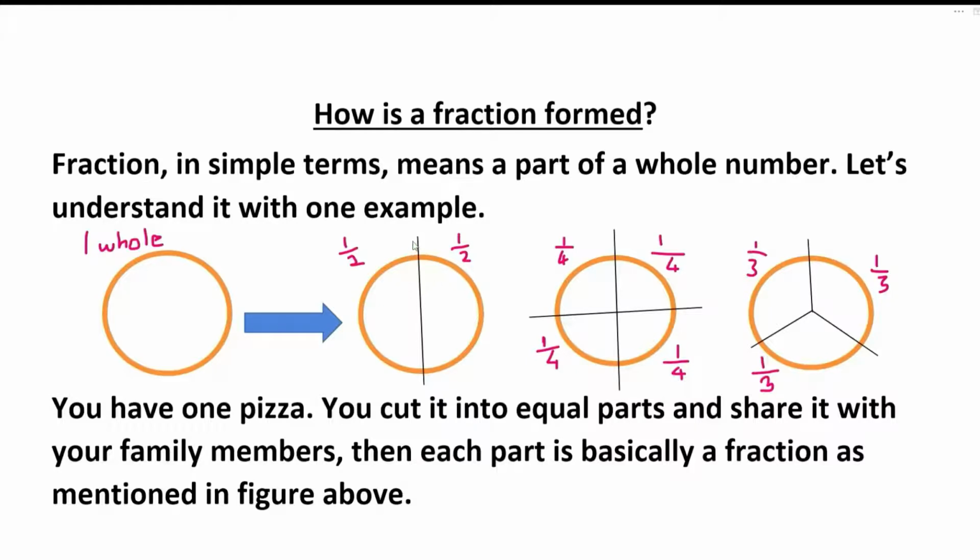So what do you do? You take a knife and divide the pizza into two equal parts. So how many parts are there? There are two parts. If I consider only this part, the left hand side of this cut, then this is one part out of two parts, isn't it? So that we express as 1 upon 2.